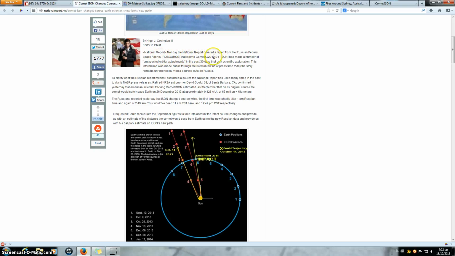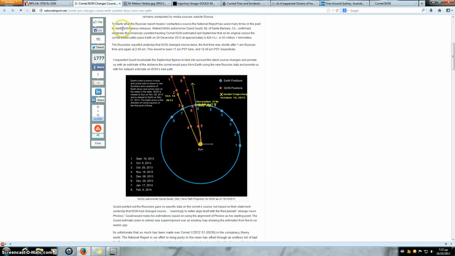Monday, the National Report covered a report from the Russian Federal Space Agency that claims Comet C/2012 S1 ISON has made a number of unexpected orbital adjustments in the past 30 days that defy scientific explanation. This information was made public through the Kremlin, but as of press time today, the story remains unreported by media sources outside Russia.